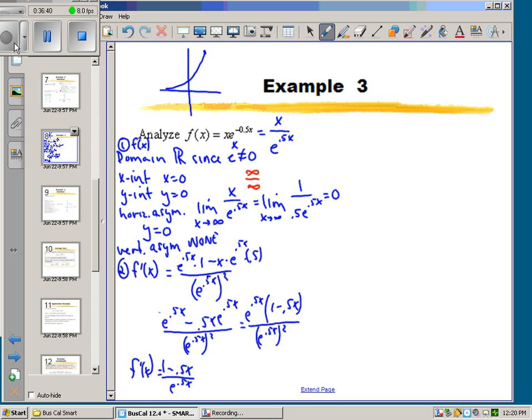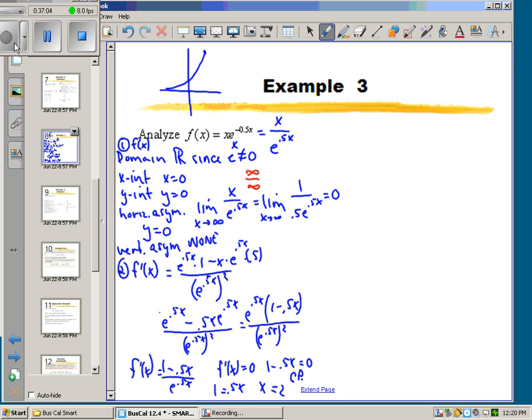Okay, so the denominator is never 0. The numerator will be 0 when f prime will be 0. You're going to get your critical points when 1 minus 0.5x is 0, which means that 1 is 0.5x, which is just 1/2. That means x is equal to 2. So that's your critical point and your partition number.